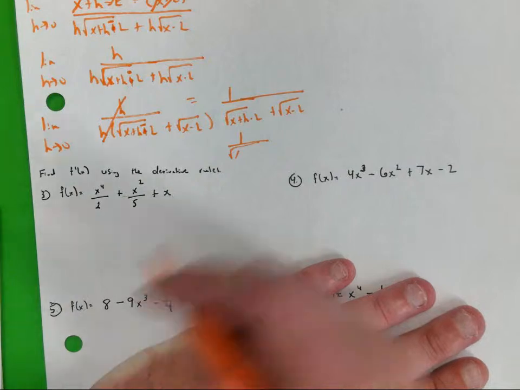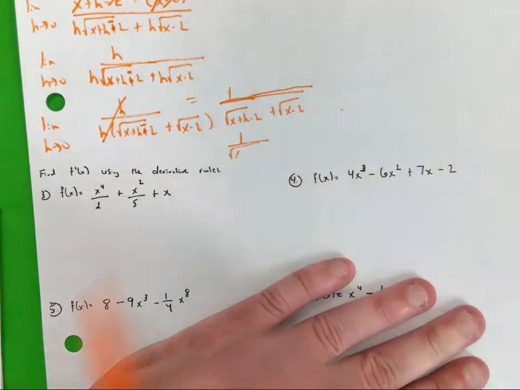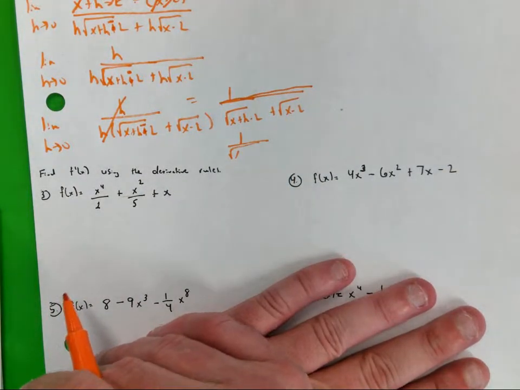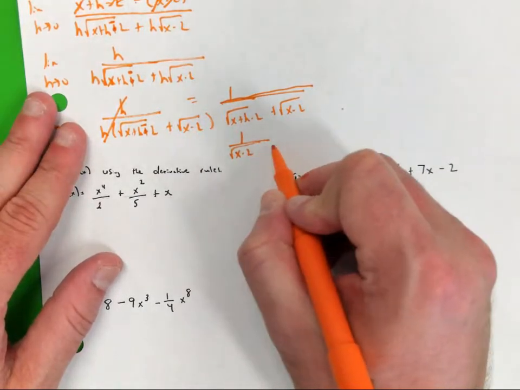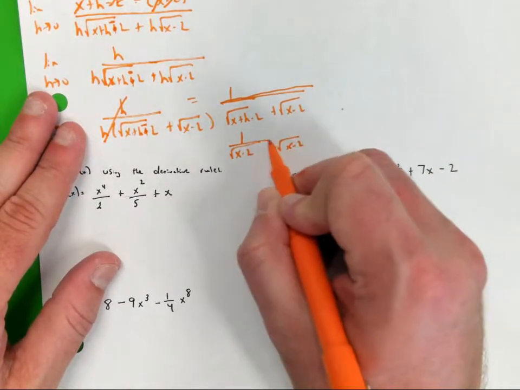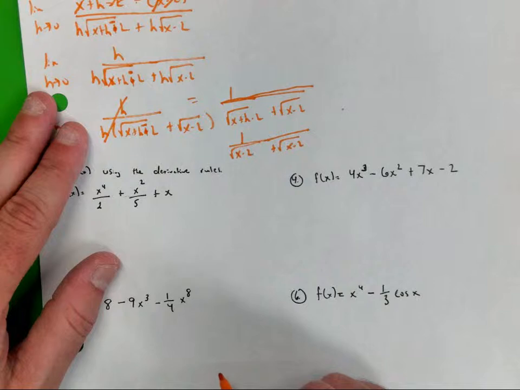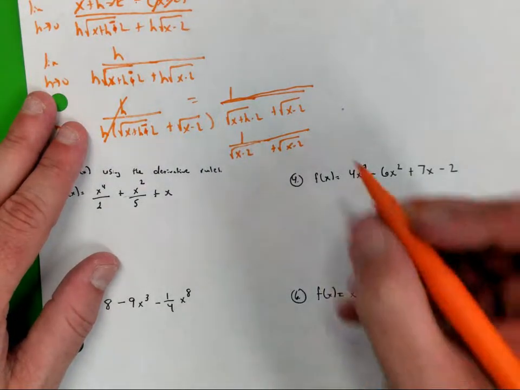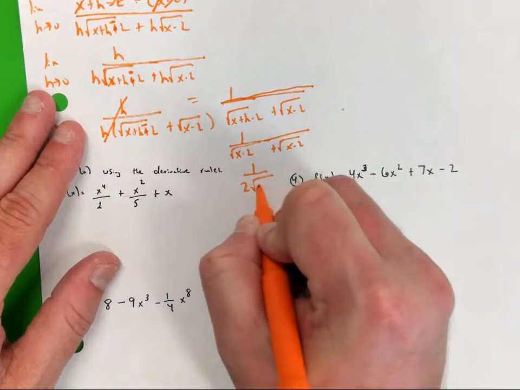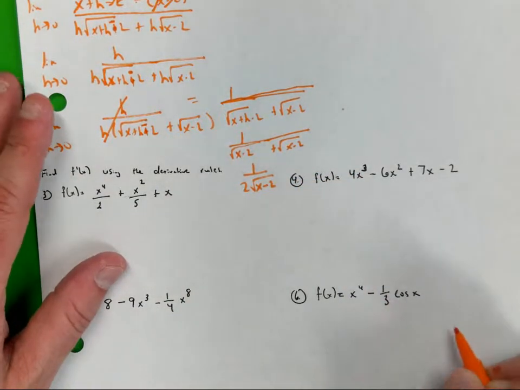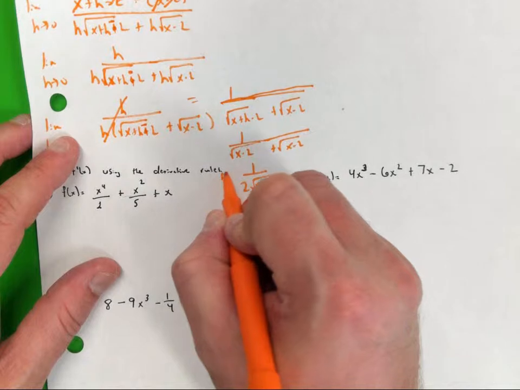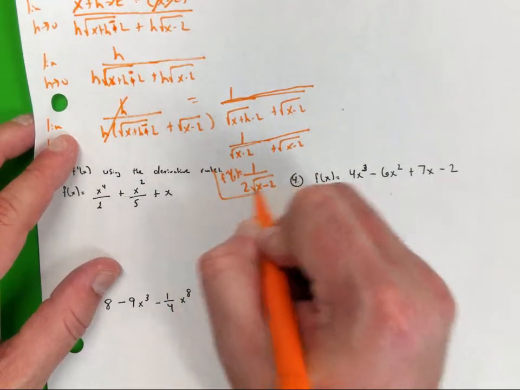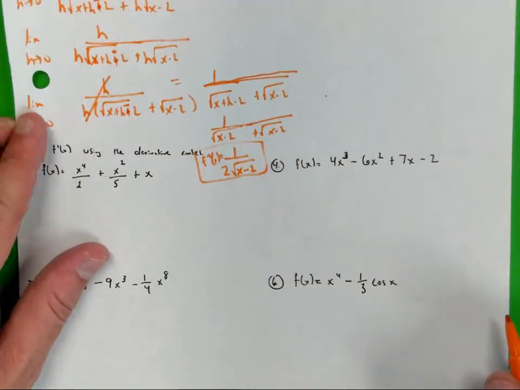Yes. You see I got it all right here? Yep. So I got the square root of x minus 2 plus the square root of x minus 2. Are they the same thing under that radical? They have the same thing under the radical? So that would be 1 over 2 square root of x minus 2, because I can add those. So that is my derivative right there. That's my derivative.